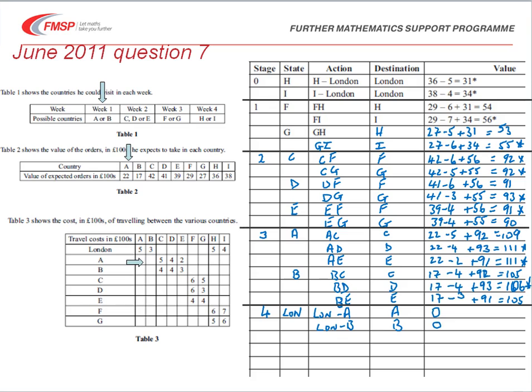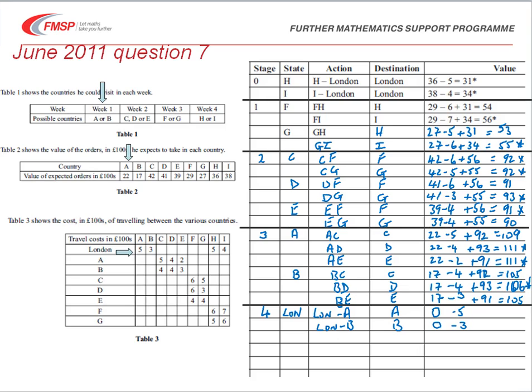But there is a cost associated with moving from London to each of the countries, and we can see those costs at the top of the final table. So the cost moving from London to A is 5, and London to B is 3.